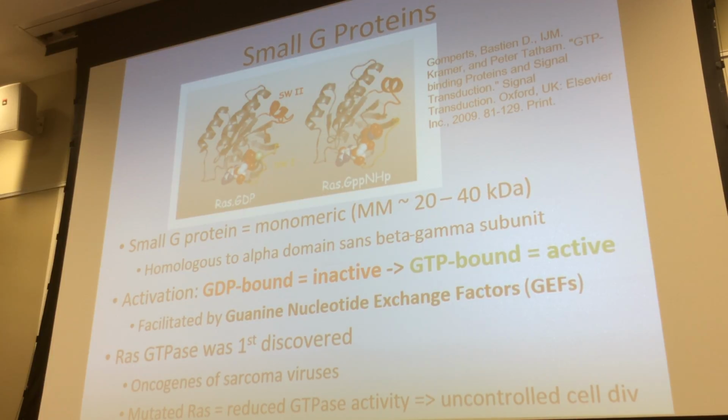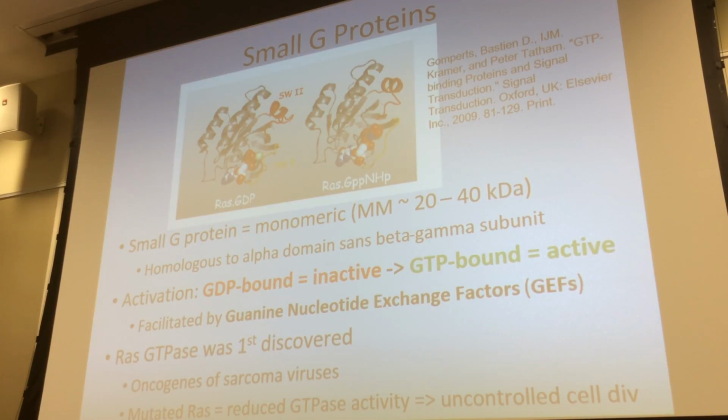And what that mutation did was it reduced this GTPase activity that would have been taking place automatically, as this is a GTPase, so that it never went back to the inactive state. So it made it continually active as if it was going to be activated.